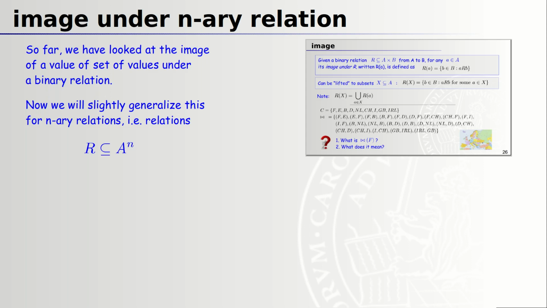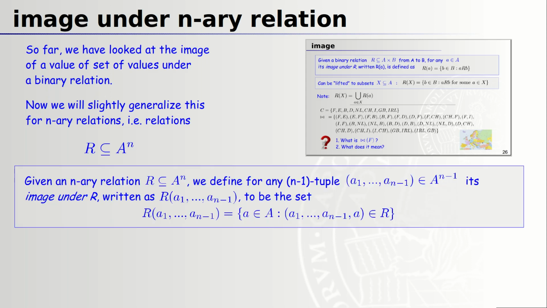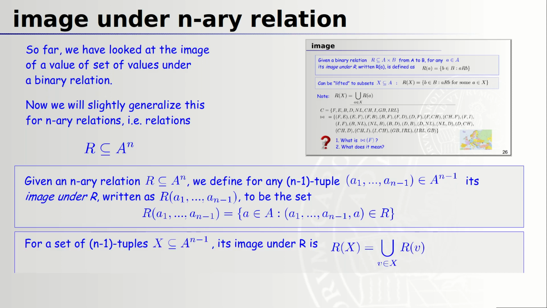For an n-ary relation, the image of an n-1 tuple under it is the set of all elements of A such that the n tuple consisting of first the n-1 tuple and then the value itself is in the relation. Of course, just as before, this extends to sets of n-1 tuples in the same way as our original definition of an image.